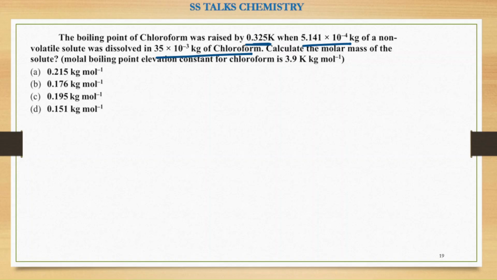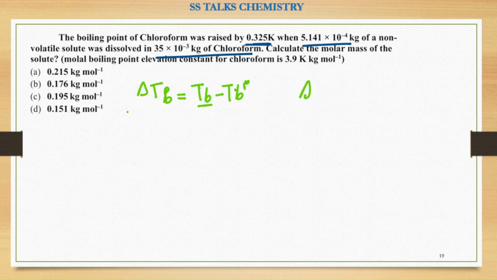So we have delta TB, that is elevation in the boiling point. This is TB minus TB not. That means after adding the non-volatile solute to the solution, this TB value is higher. So from the higher value, that of the pure solvent is subtracted because we want delta TB to come out positive.